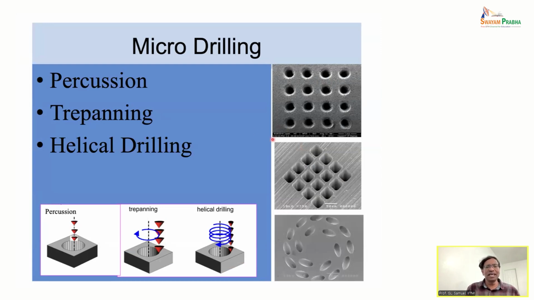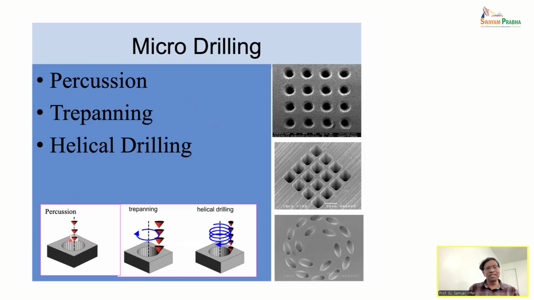Using that, we can do machining operations. So we can do drilling. In drilling also we have different types. The first and general type is called percussion drilling, wherein we put the pulses continuously at just one place, and then the material will be removed and we get a hole.